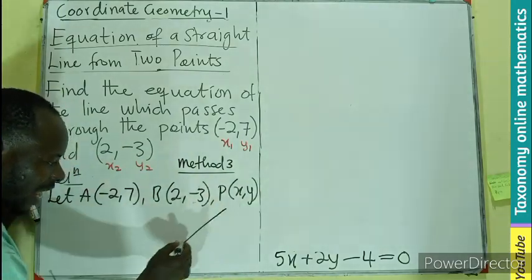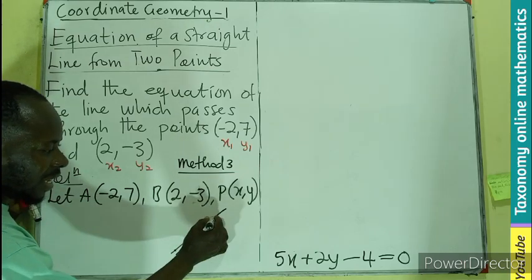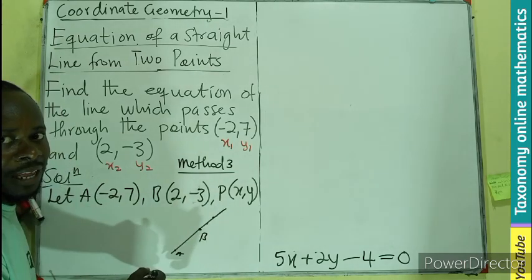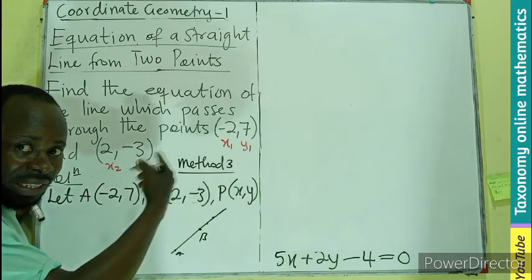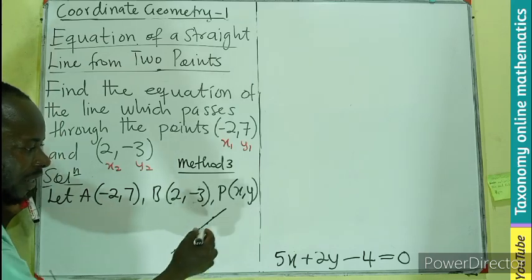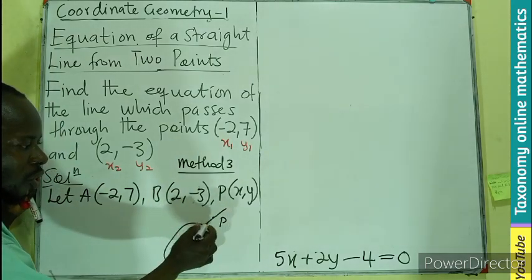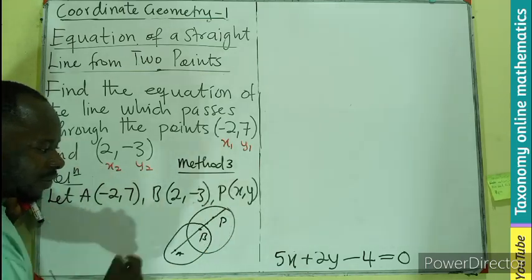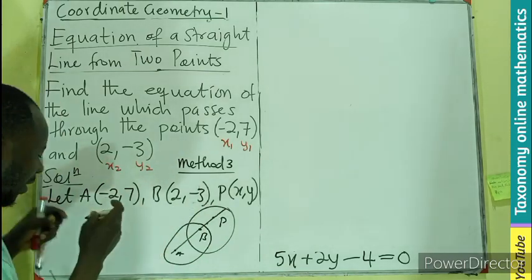So if I have a straight line, the point A is here, the point B is here. There could be other points which are on the line. There are several points that can be located on the line, which will satisfy the same equation. So let P be that point. If P is there, we know that the gradient of this will be the same as the gradient of this. You remember? Collinear points, points that are on the same straight line.